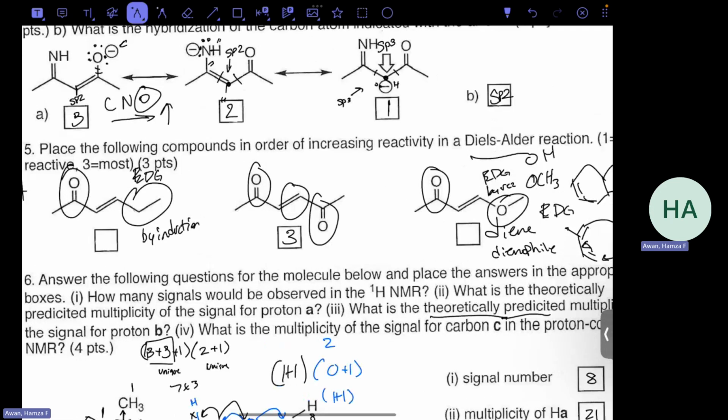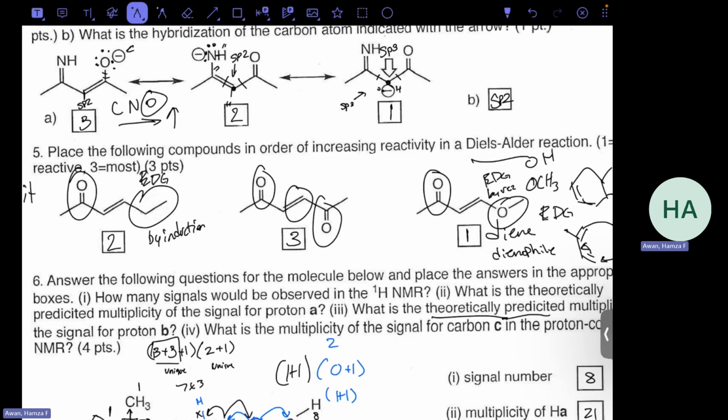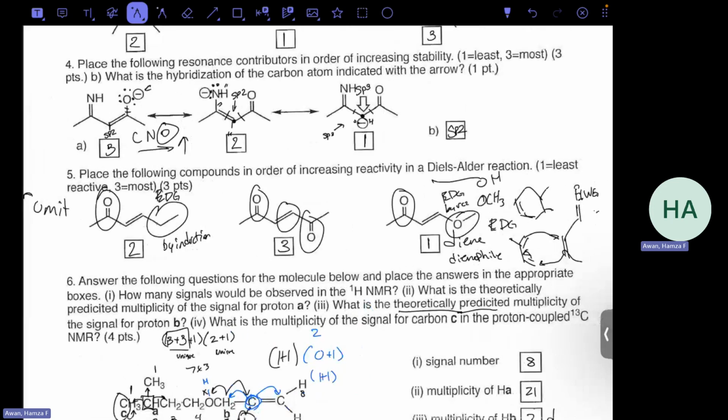And for dienophiles, we do not like electron donating groups. So the weaker electron donating group is going to be better suited for a Diels-Alder reaction. Because it's by induction, this is going to be less reactive, and this is going to be our least reactive because it's an electron donating group by resonance.